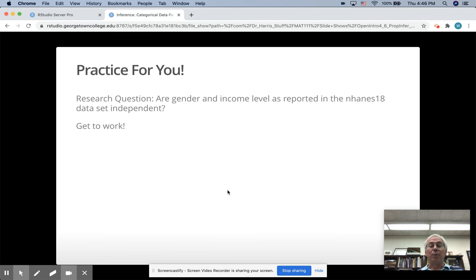Now I've got a practice question for you. Looking at the NHANES 18 data set, can we find a relationship between gender and income level reported? So I'm going to let you do that. In the slideshow, I've got a couple of slides with output from chisq.testGC, but I'm asking you to do all the work by hand in terms of computing the row totals and column totals, the expected values, and then the contributions to the chi-square statistic.